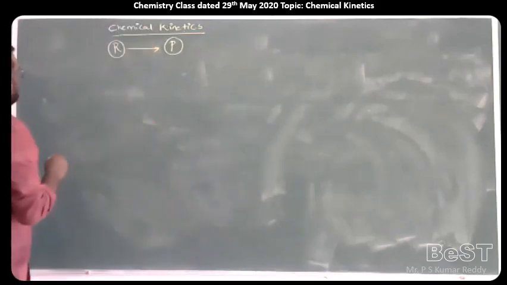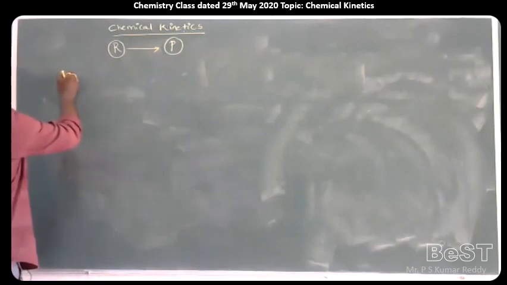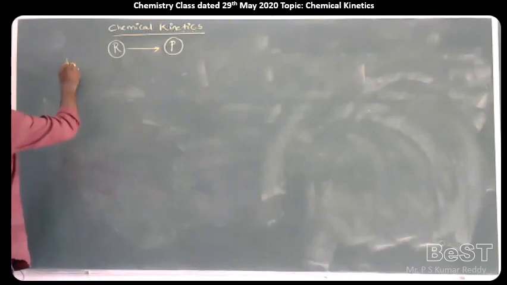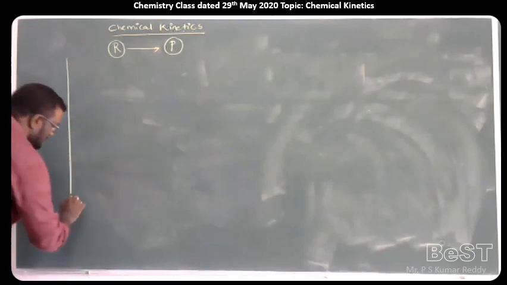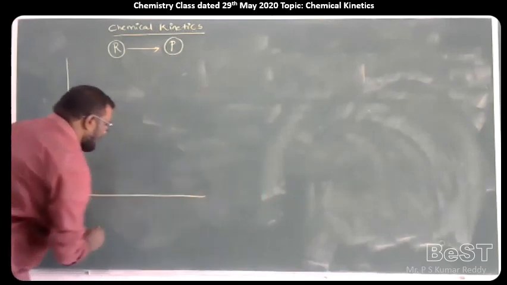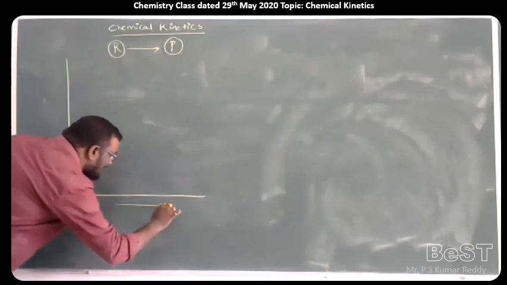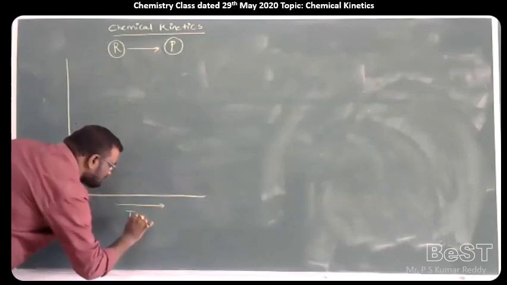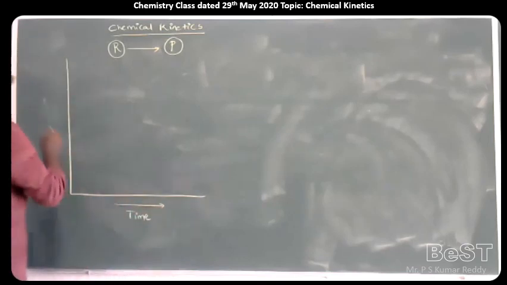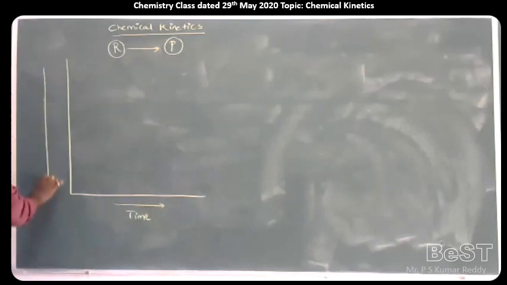Now, I'm plotting a graph. On the x-axis, I'm taking time, and on the y-axis, I am taking concentration of reactants.